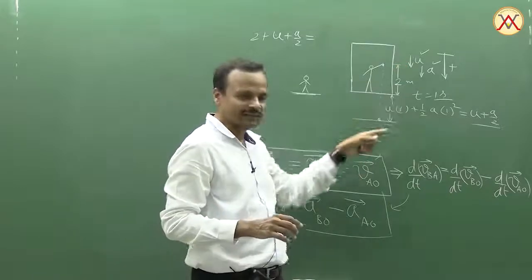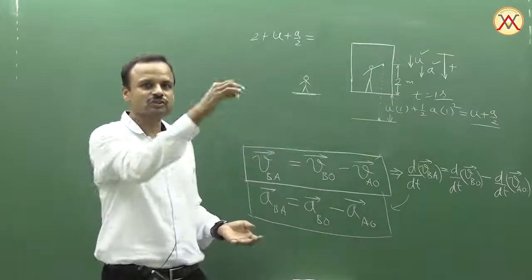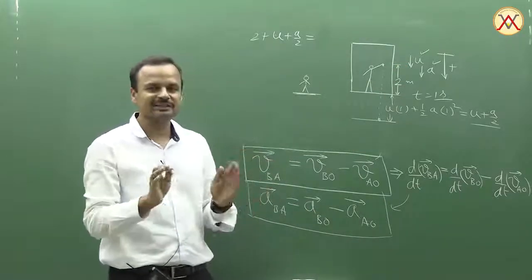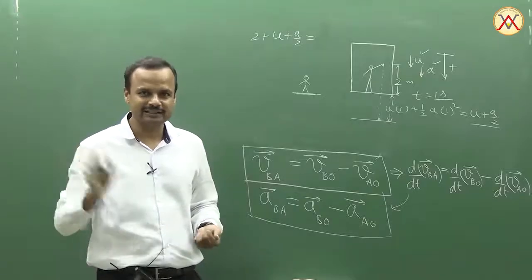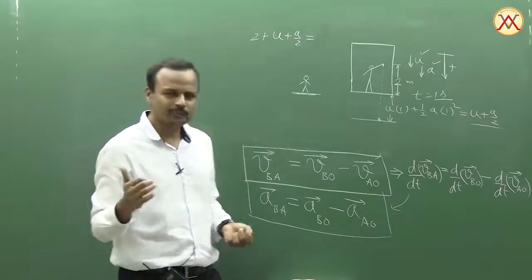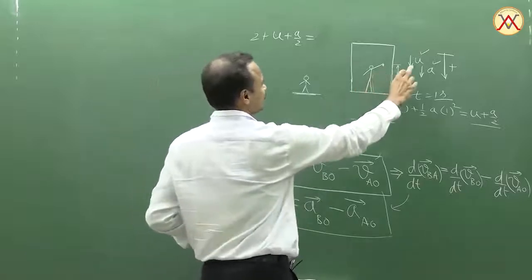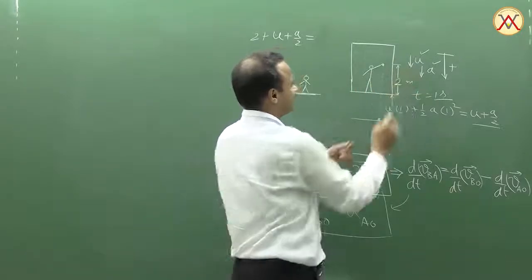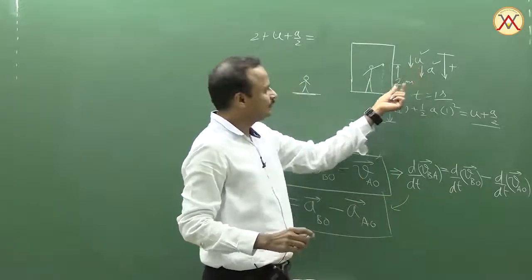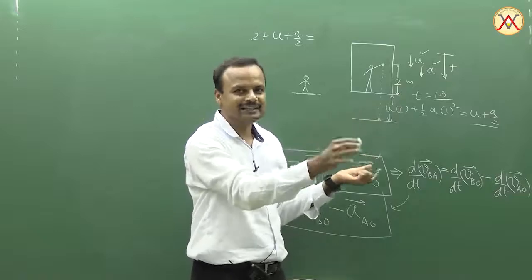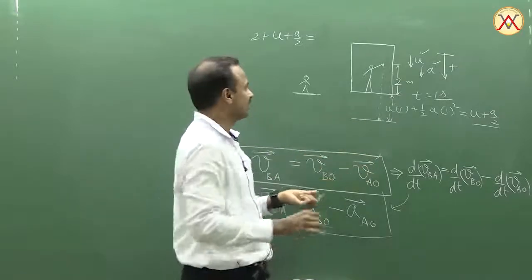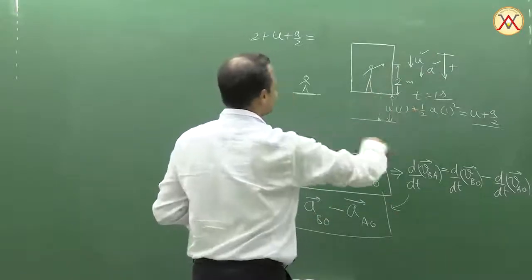The initial velocity of the elevator is u downwards. So this coin will also have the same initial velocity. We have already seen this in the balloon problem earlier. So the initial velocity of the coin is the same as the velocity of the elevator, because the person has just released or dropped this coin. So it is u downwards, downward is positive.